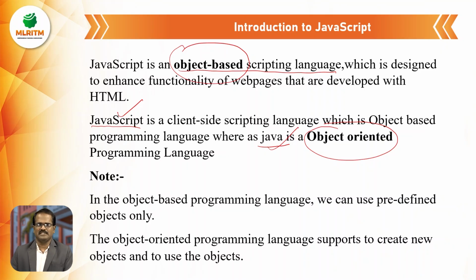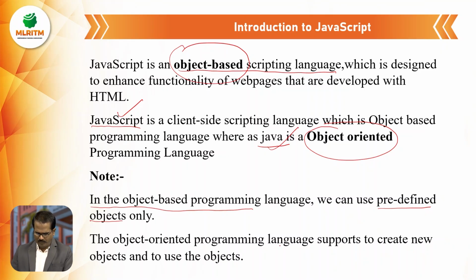Next, here we observe that, note, in an object-based programming language, we can use predefined objects only. We are not able to create new objects by using JavaScript. Why? Because JavaScript is an object-based programming language.